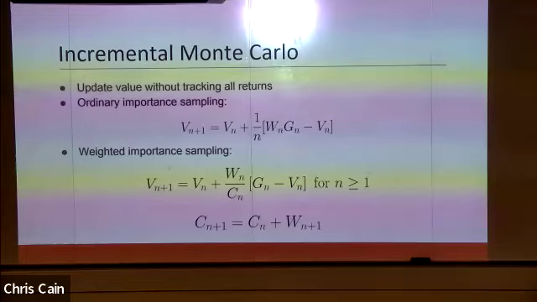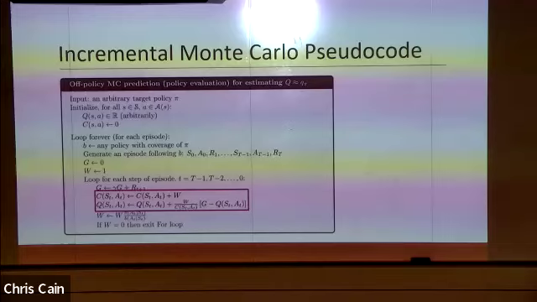So we don't necessarily have to track all returns in an incremental Monte Carlo. We use ordinary importance sampling, or we can use weighted importance sampling, and it changes just how we come up with the value of everything. So this is the same Monte Carlo algorithm that we saw before.